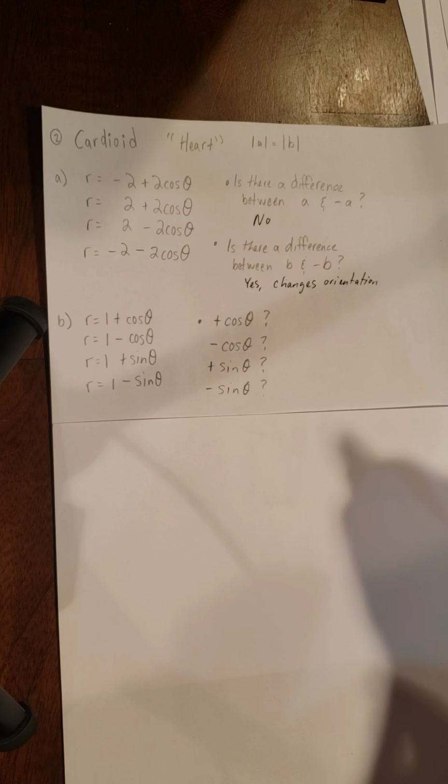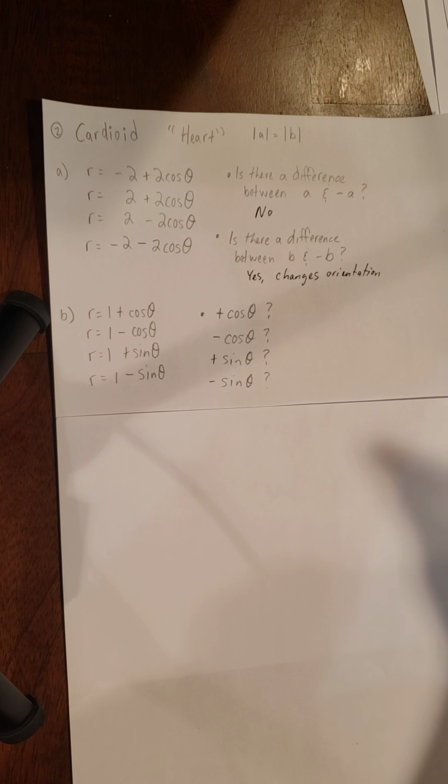A negative B and cosine, what is its orientation? Positive B and sine, what is its orientation? Negative B and sine, what is its orientation? So we'll be able to figure that out by taking Desmos and graphing the four equations listed right here. So list those on Desmos and let's look at them.